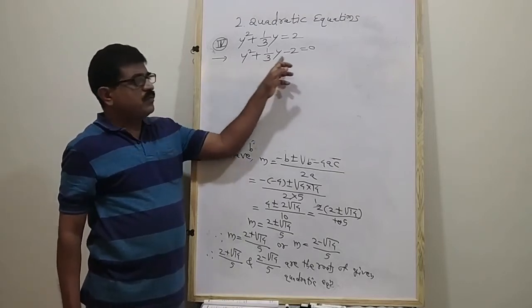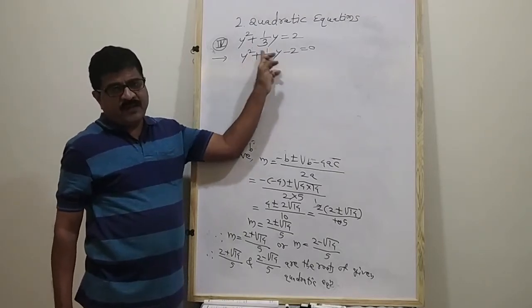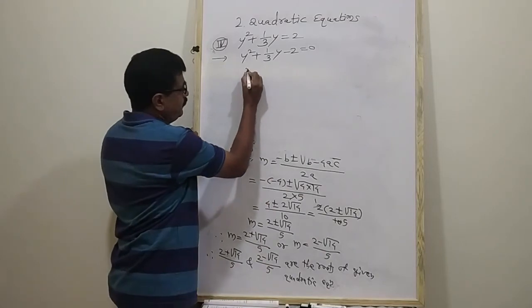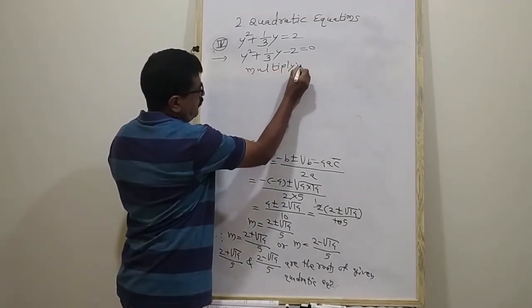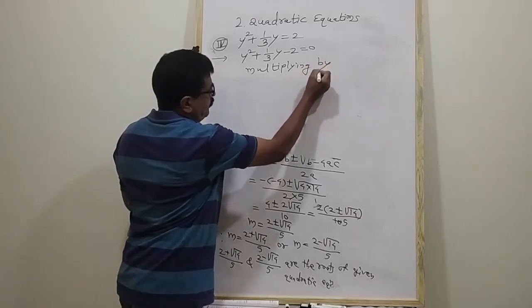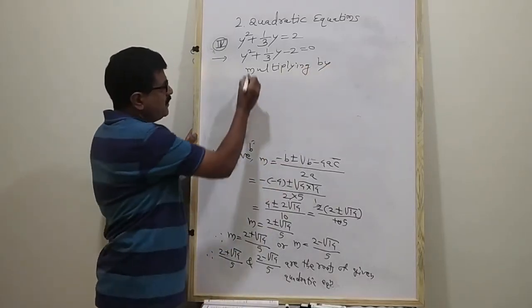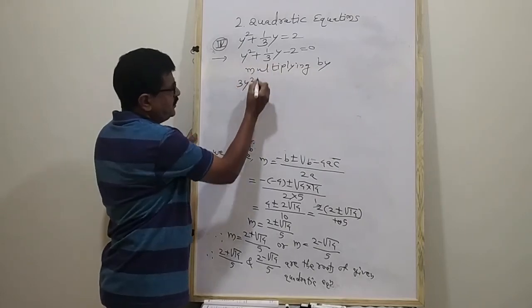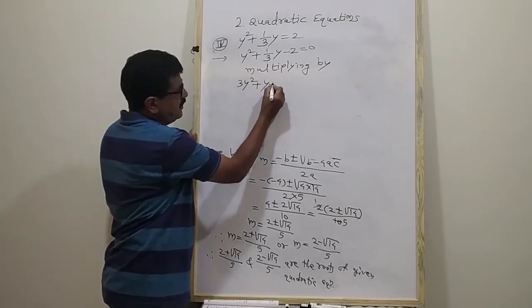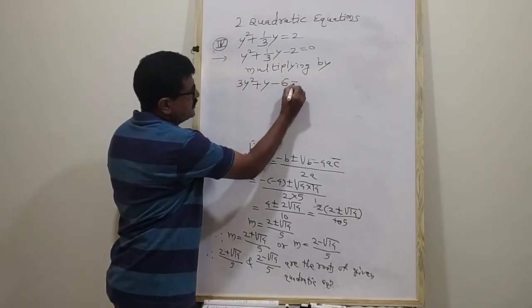Now here LCM of denominator is 3. Therefore multiplying by 3.